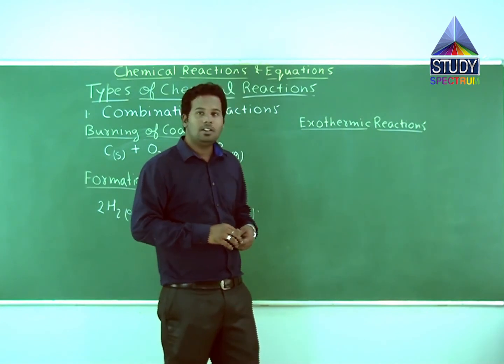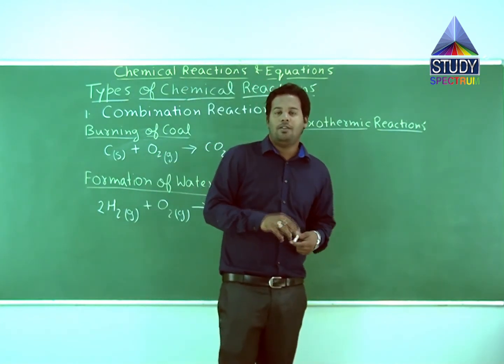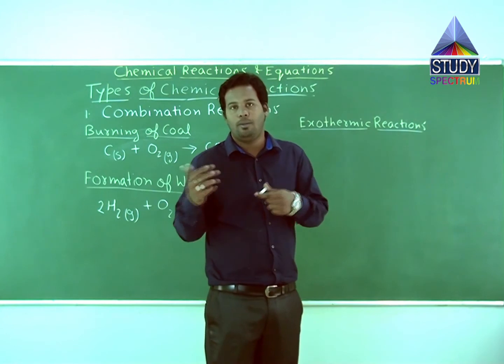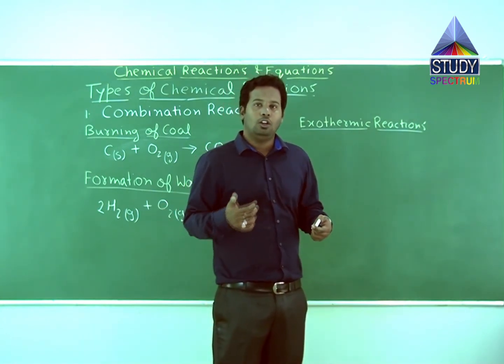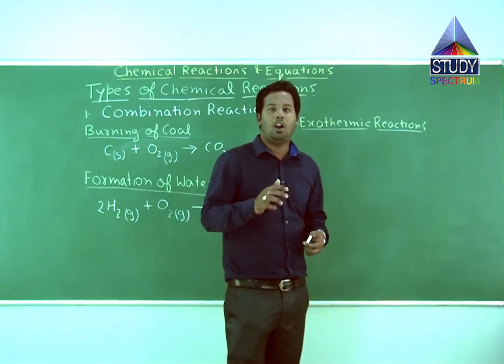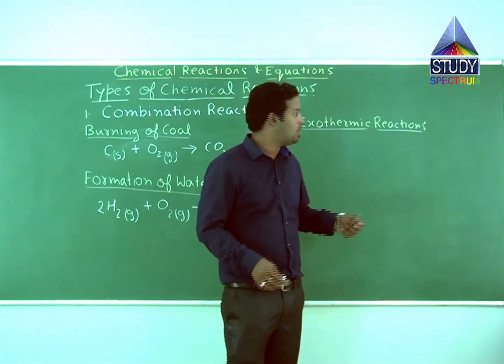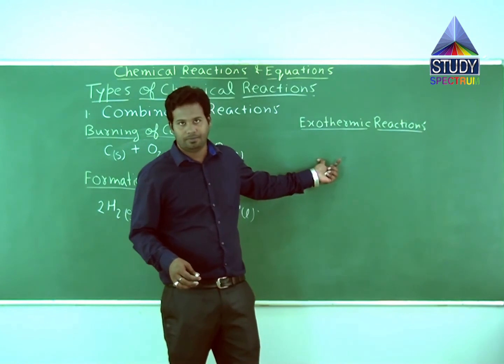Correct? It means there are reactions which require heat to be conducted, and there are reactions which liberate heat when done. Those reactions which liberate heat along with the formation of products are called exothermic reactions.